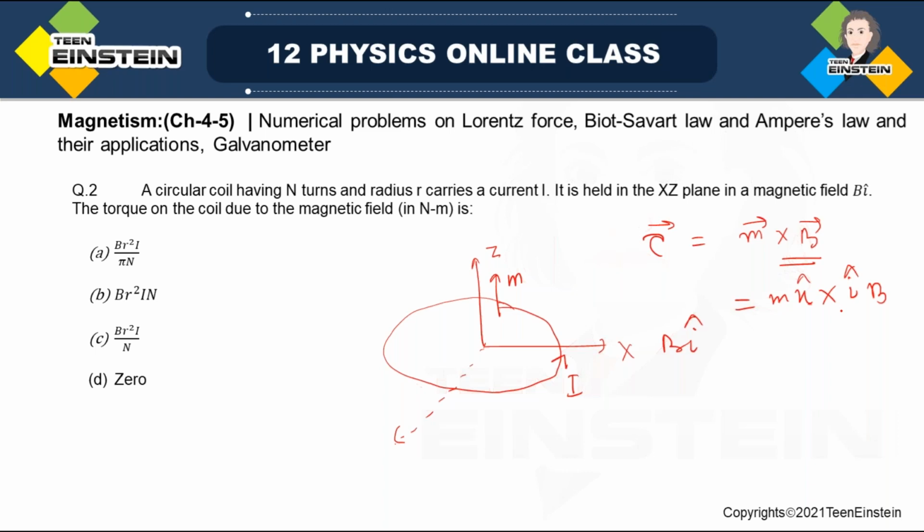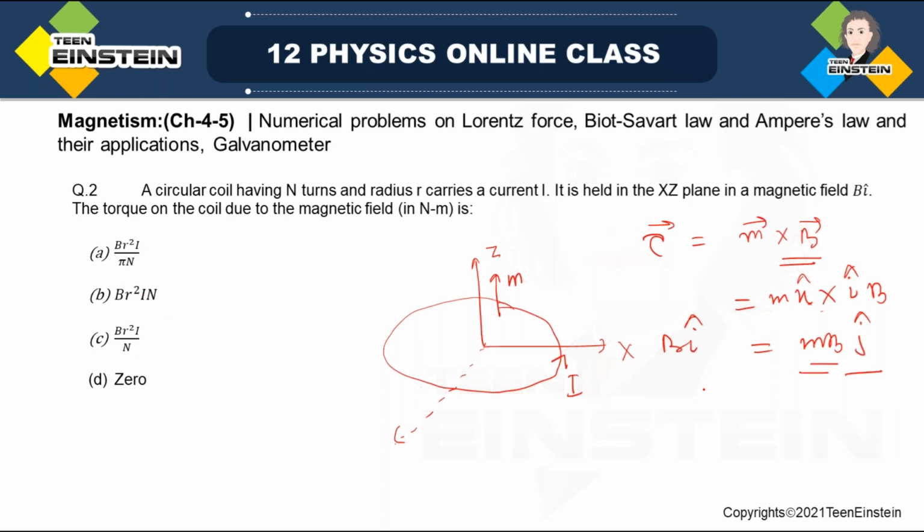So k cross i will be j cap, so M cross B is MB j cap. It will be along the j cap direction. But anyway, you have been asked to find out the magnitude of the torque, since directions are not involved in the options, so don't bother about it.